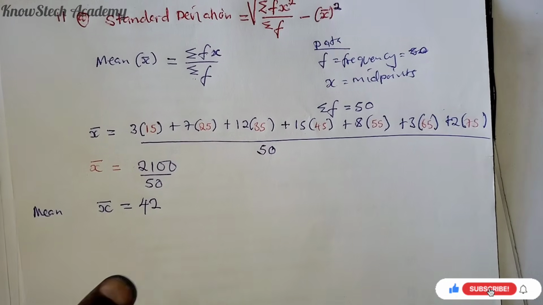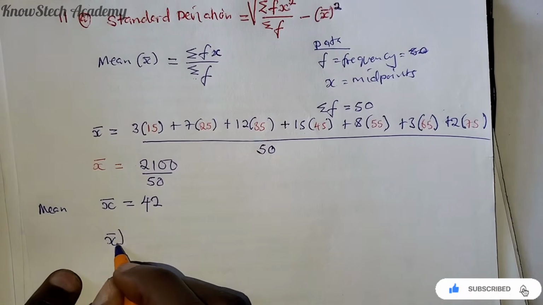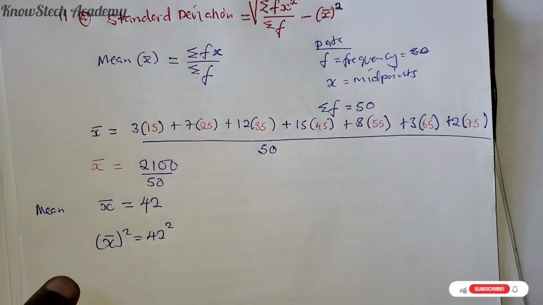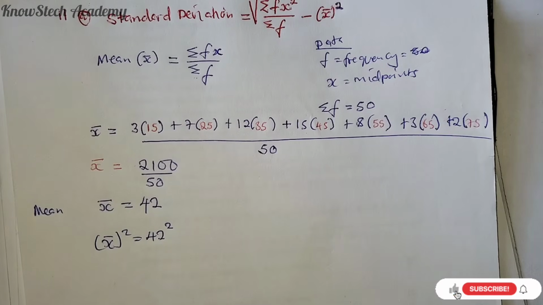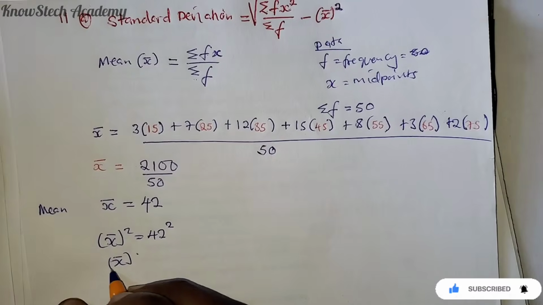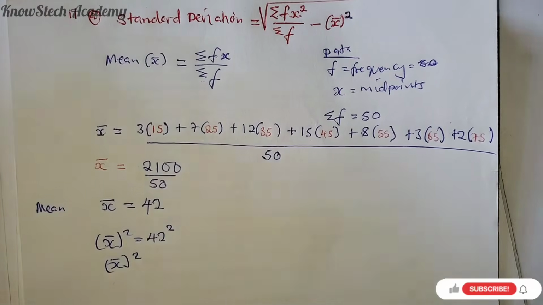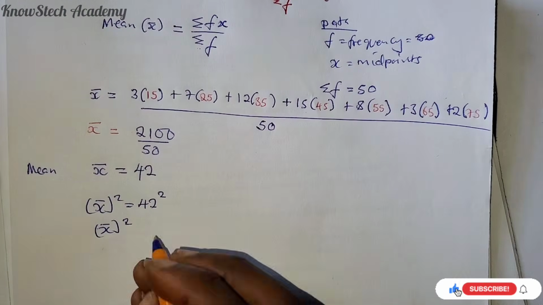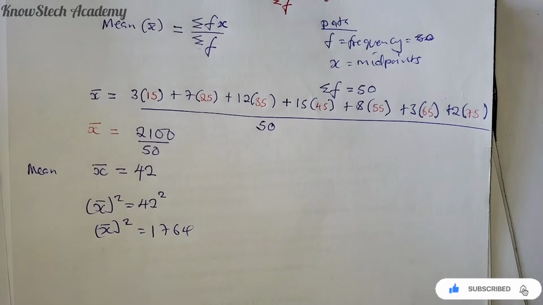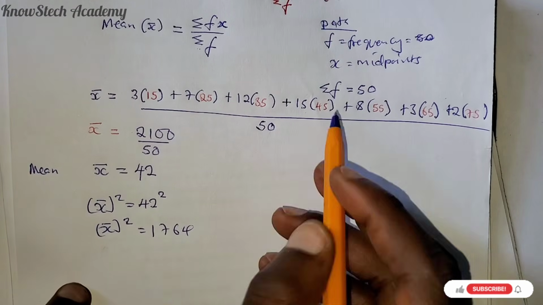So meaning, we can also write mean squared, of which we're going to square this 42. 42 squared, which is x bar squared, is giving me 1764. So this is this part here.